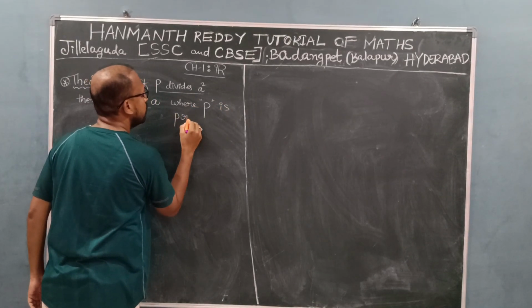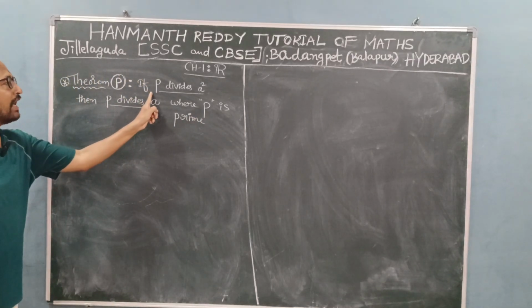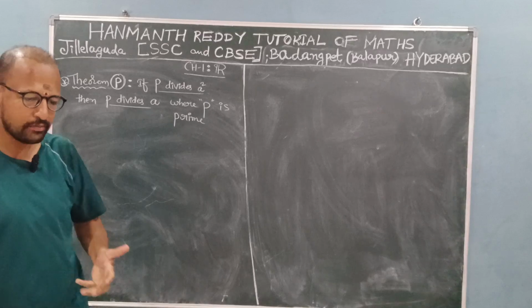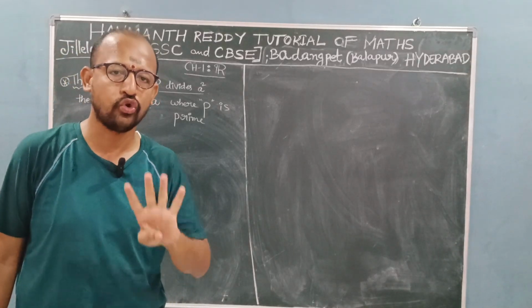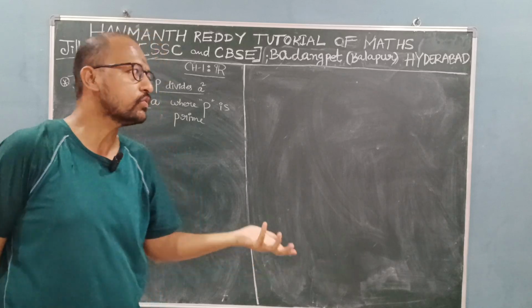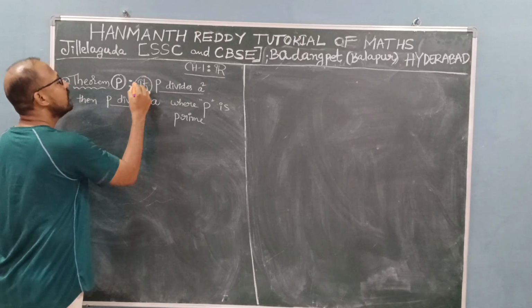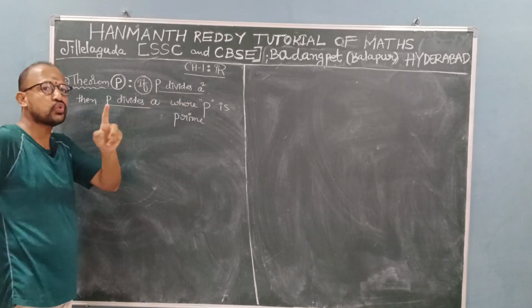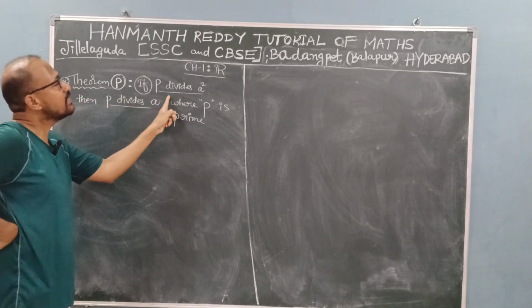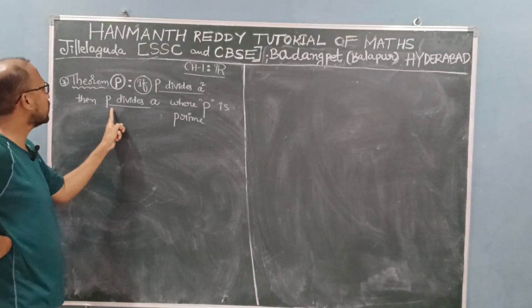So my condition is that take any prime number and a perfect square number, like 1 times 1 is 1, 2 times 2 is 4, 9, 16, 25, 36. If this condition is satisfied, then I can say that p divides a.